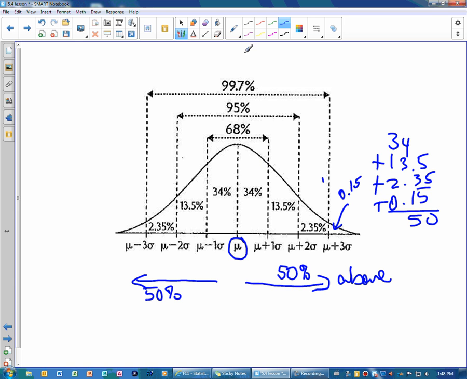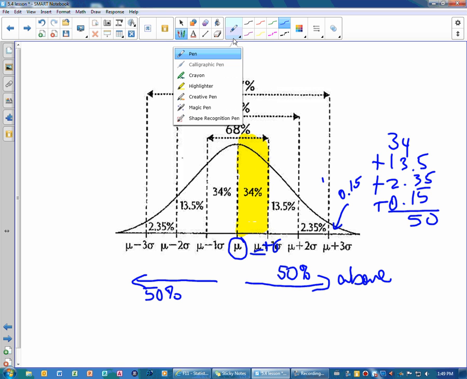Now, this section here, I'll just color it yellow. This section should represent, as long as your data is normally distributed, 34% of the data. The way that they calculate this section is they take whatever the mean is and they add a standard deviation, okay?